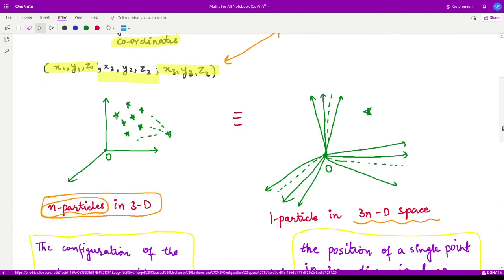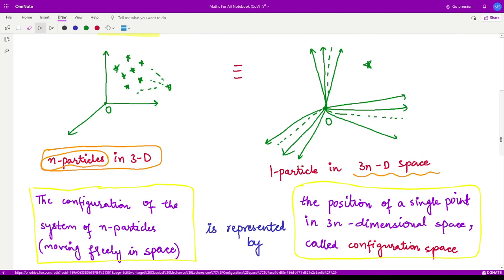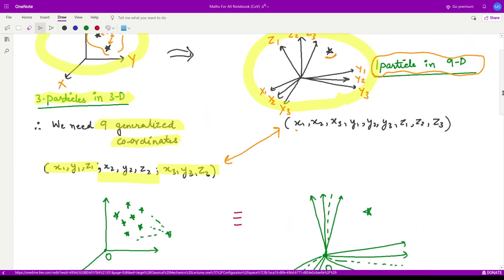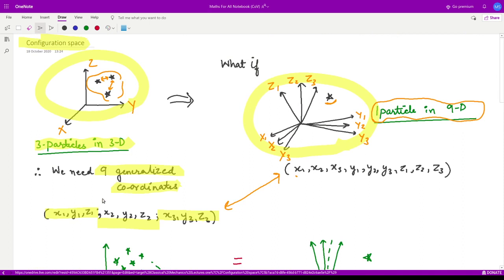Let me put it this way. For example, let's look at it like this. Here for each particle you have one value of x, right? x1, x2 and x3. So instead of having one x-axis, we have defined 3 x-axes.